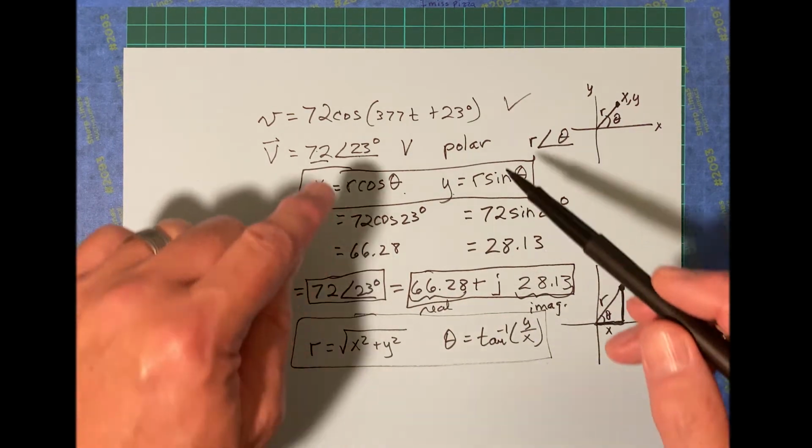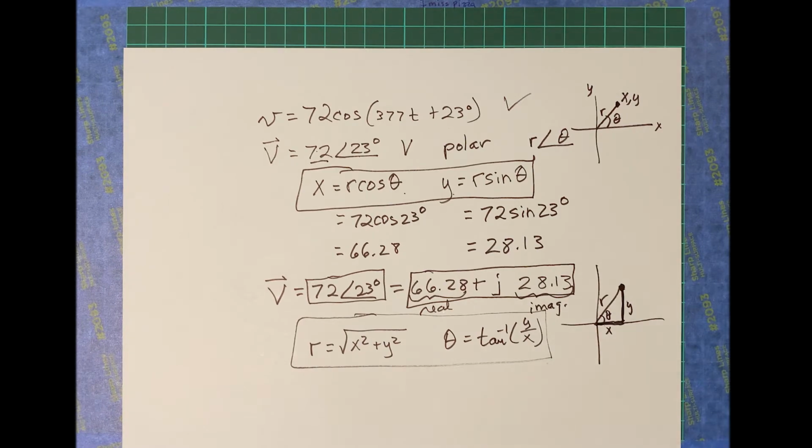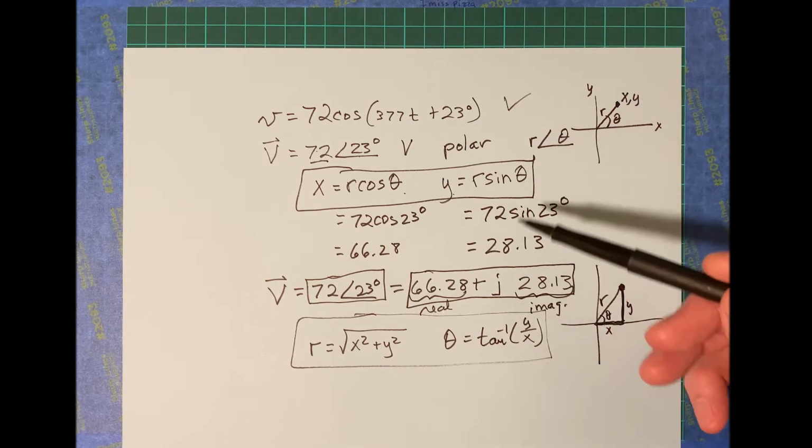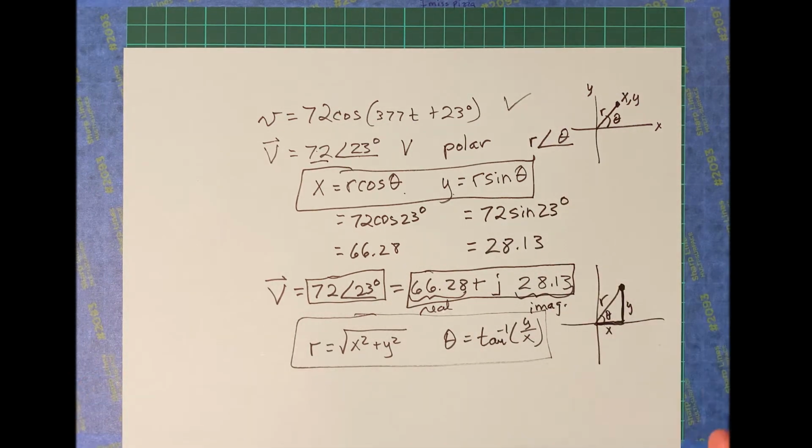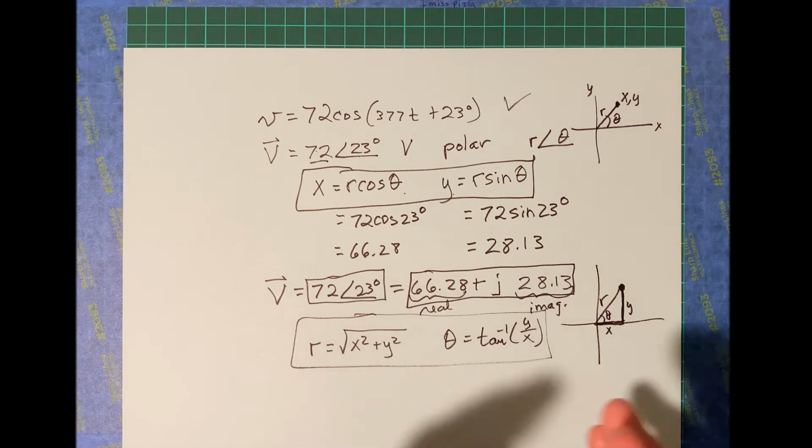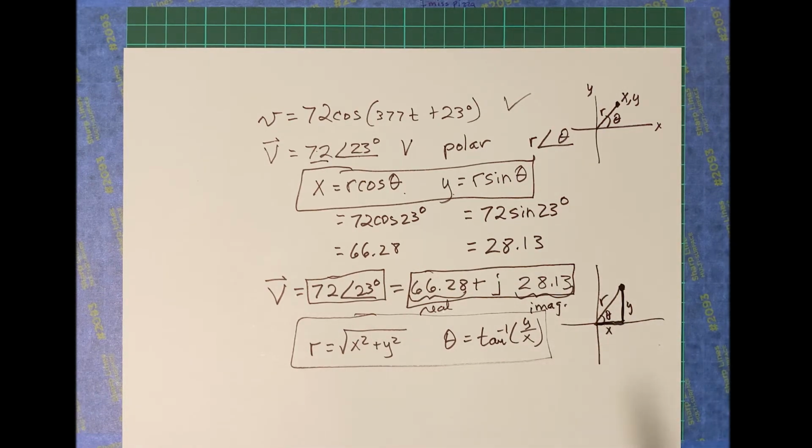And you need to be able to go very quickly between those two, between polar and rectangular. You cannot be working in the time domain and the frequency domain at the same time. It's either one or the other. It's probably not going to be understood well by most people until we dive in and do an example.